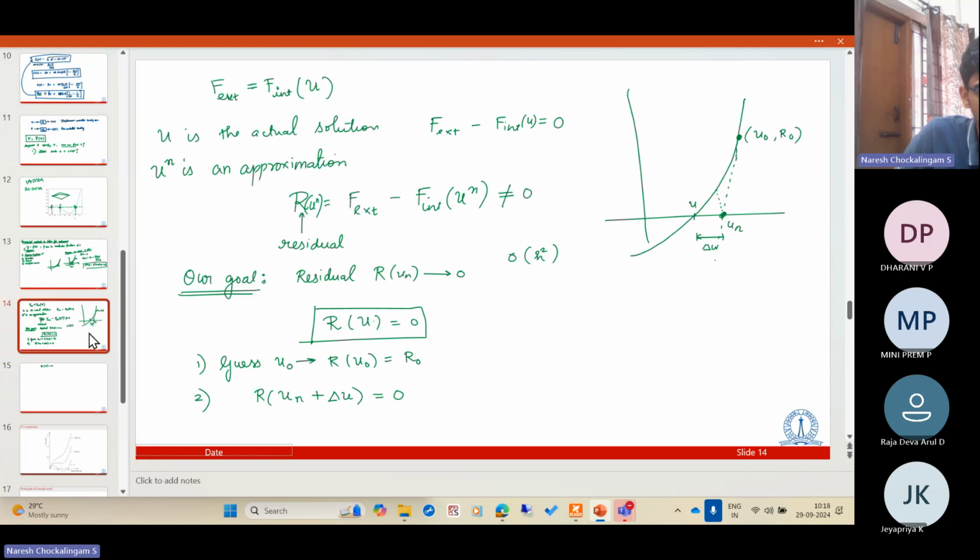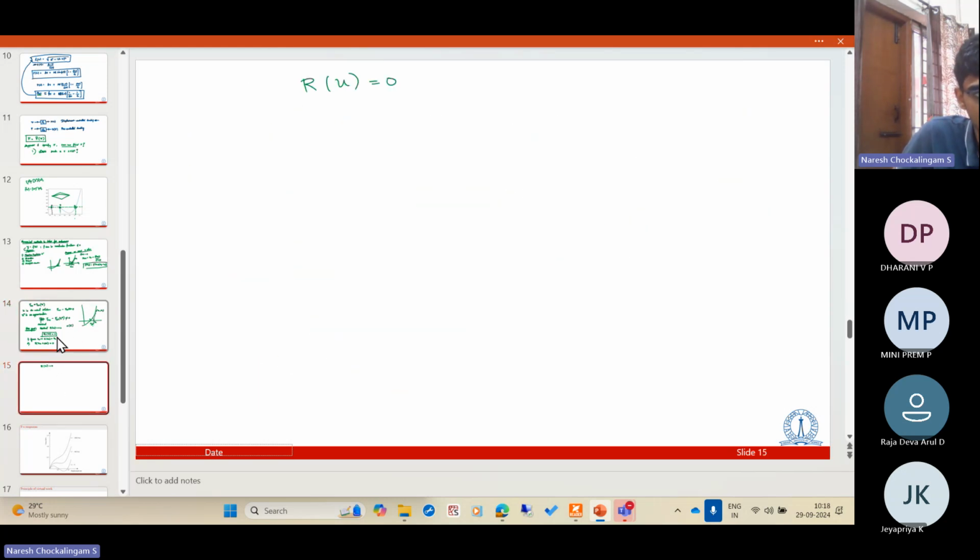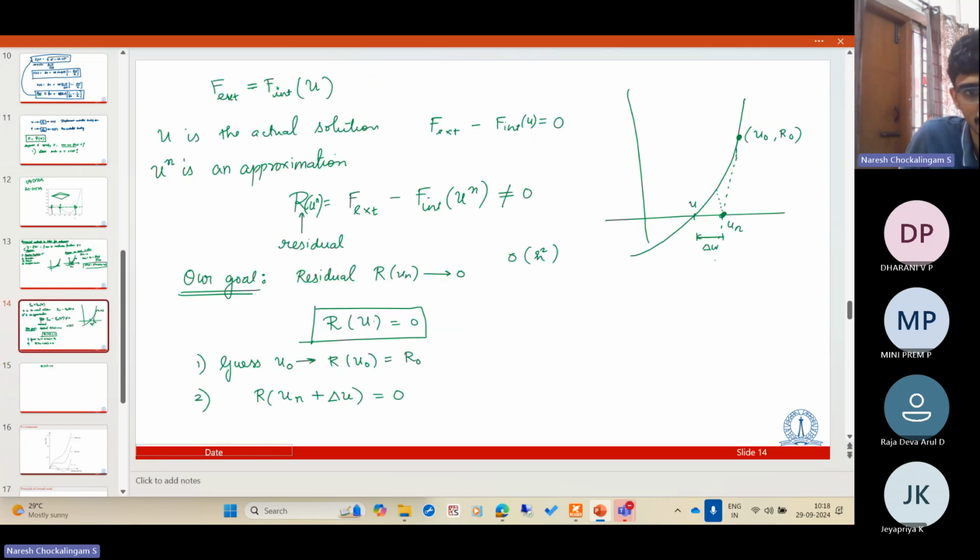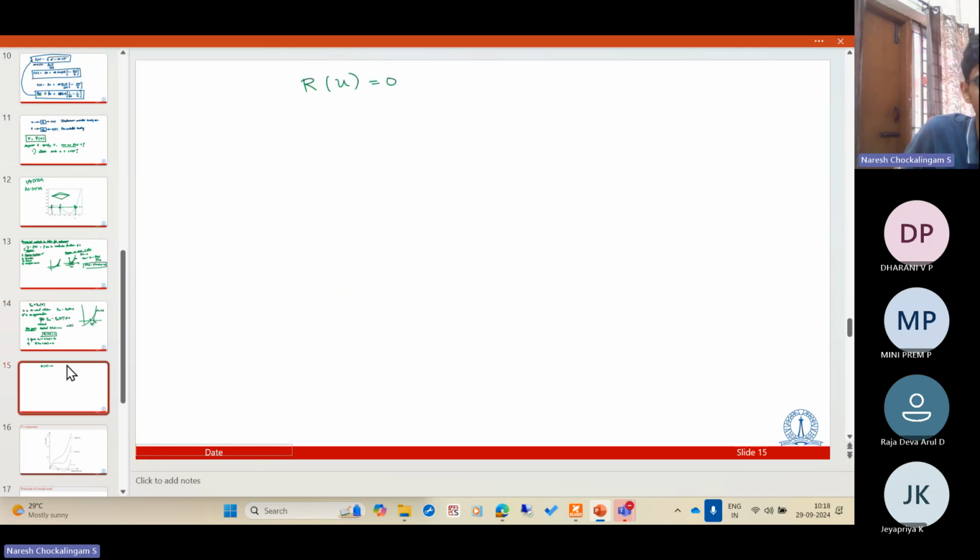You said it is either plus some value or minus some value, but together you can write it as delta u. But delta u can be either positive or negative. It doesn't have to be positive always. So you say r of un plus delta u is equal to 0. What can we do? The Taylor series. So we get r of un plus, what do we get?